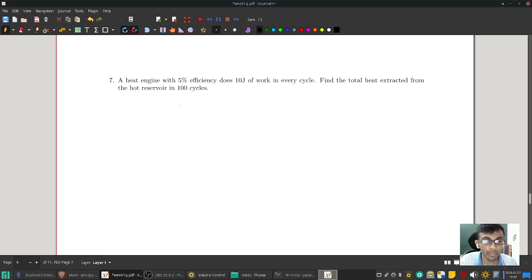And yeah, so we have a heat engine. This time it's not reversible. I mean, it could be any heat engine with this given efficiency. So this efficiency is 5%, and in every cycle the work it does is 10 joules.